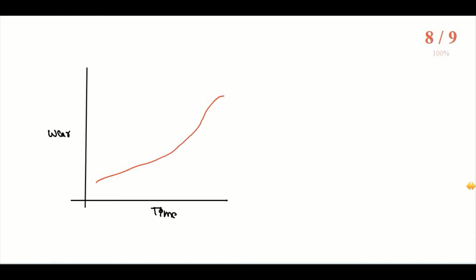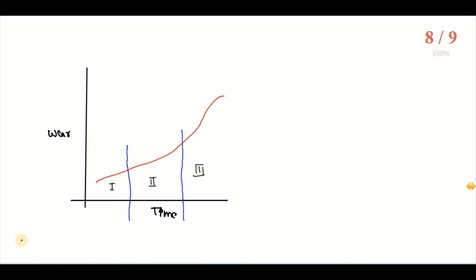So the wear of a tool is increasing with the increasing of time. So this we are getting in three modes, three zones: first zone, second zone and third zone.